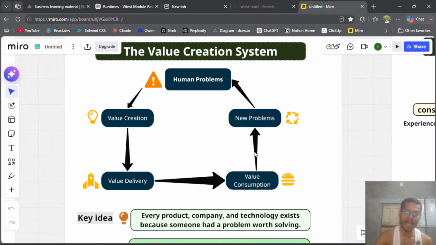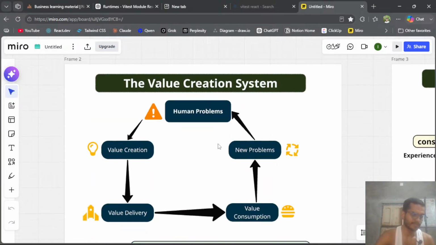This is just a cycle. I call it a value creation system, and it's very helpful. Why? Everything starts from a human. I'm assuming everything starts from a human, so I put a sign: human problem.